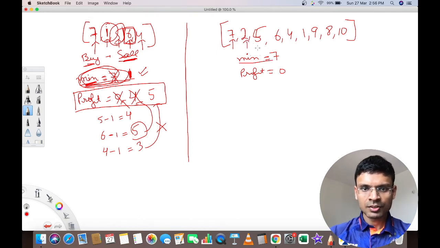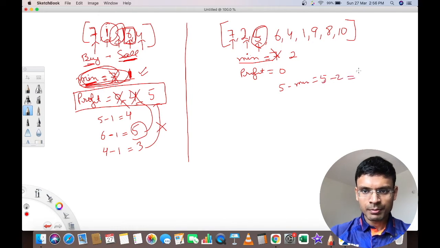We saw that 2 is less than the minimum value, so we just update the min variable. Now we reach this 5, we see that 5 is greater than 2, so this is the point where we calculate the profit. The profit will be 5, the current value, minus the minimum value. So 5 minus 2, which will be 3.